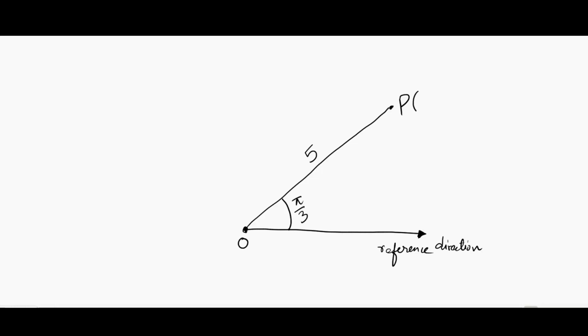Then the coordinates of this point will be 5 comma pi by 3. These are the polar coordinates.